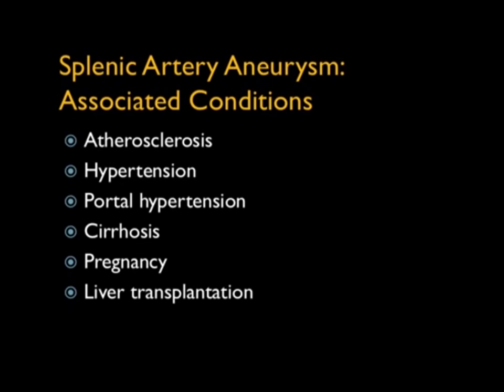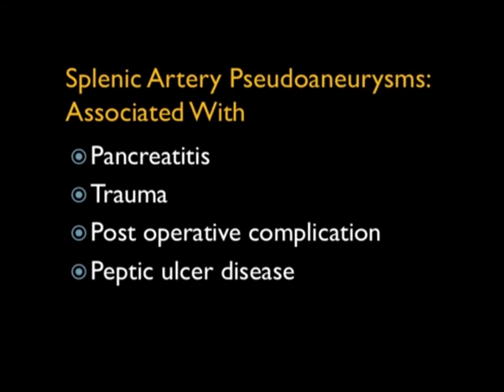It's associated with atherosclerosis, hypertension, portal hypertension, cirrhosis, pregnancy, and liver transplantation. When you look at pseudoaneurysms, it's usually some preceding condition: pancreatitis, trauma, post-operative complication, or peptic ulcer disease.